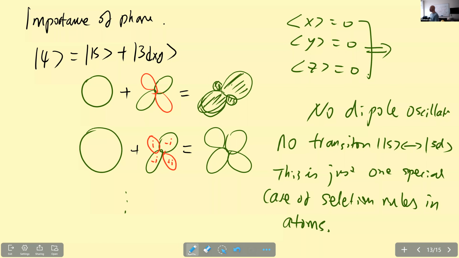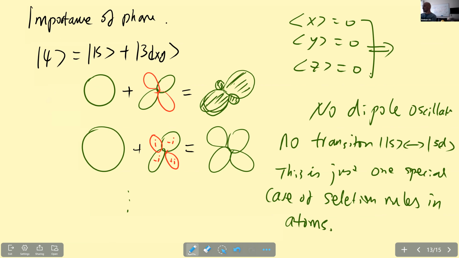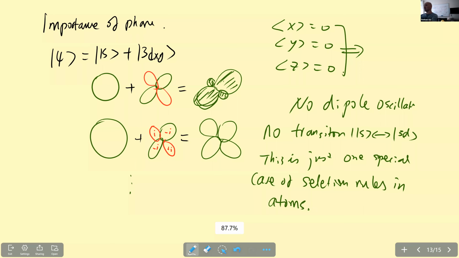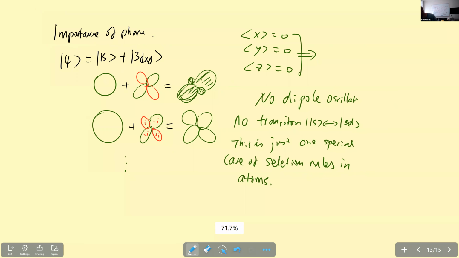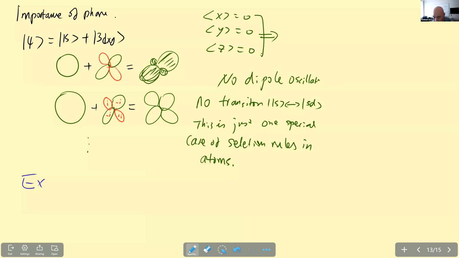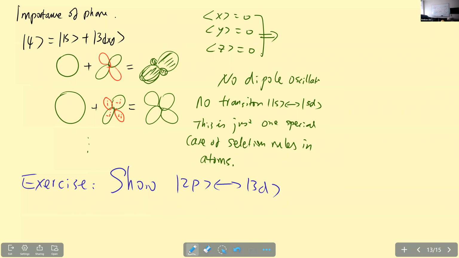Okay, so we are not going to discuss the general rules, but this is just one of this one. And you can also check. So I'll leave this one as exercise for you to show that like 2p to 3d is allowed.